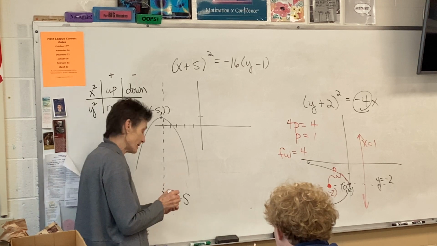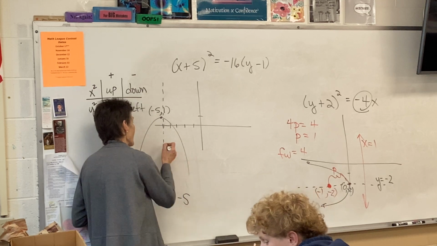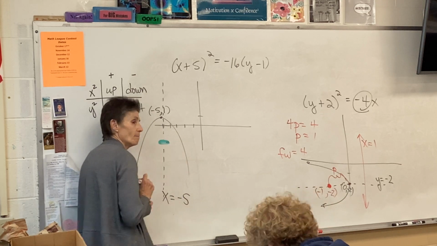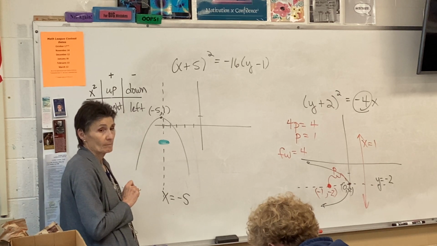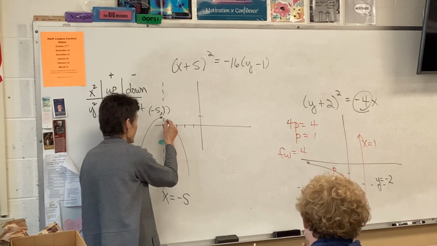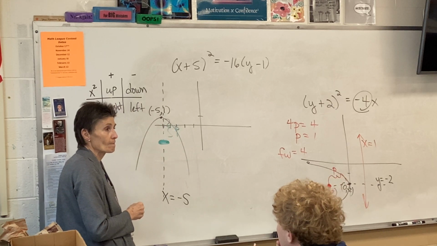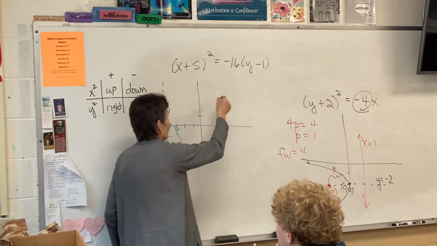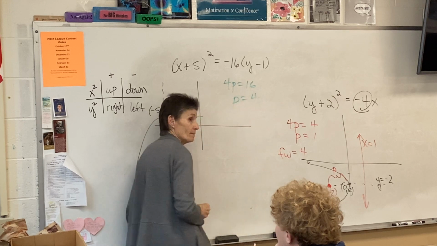Now my focus is somewhere in here. I'm not sure where, I'm just gonna put it in here. My focus is always inside the parabola. To figure out where it is, I'm gonna need to know P. Well, 4P is 16, so P is 4.